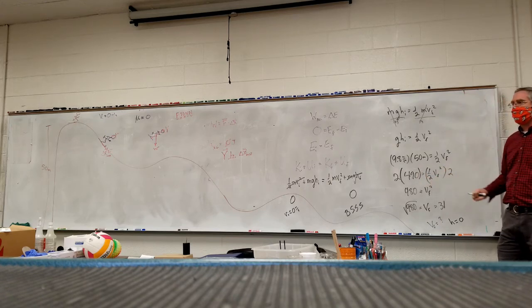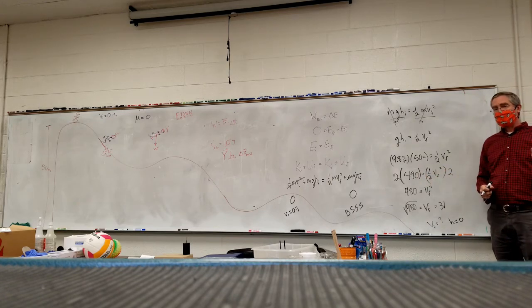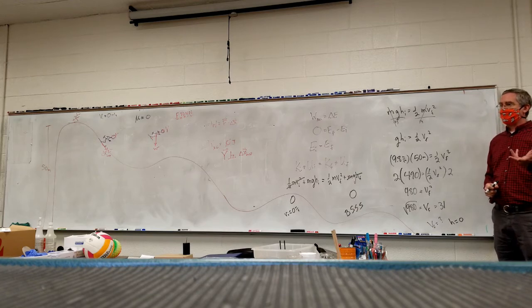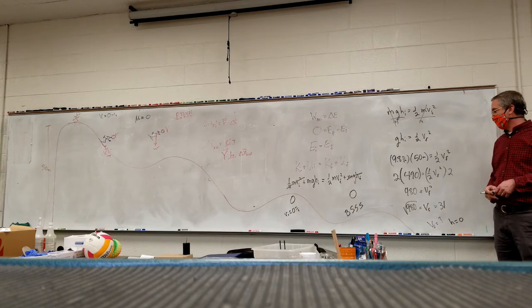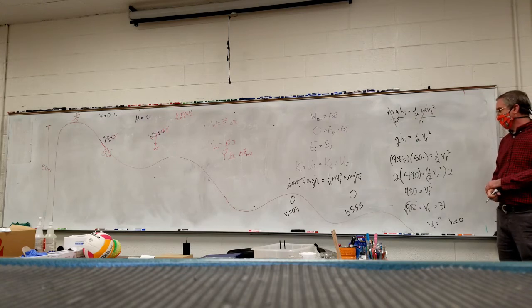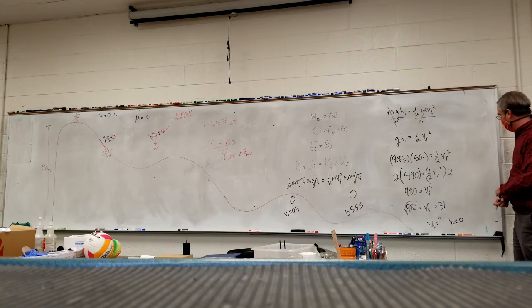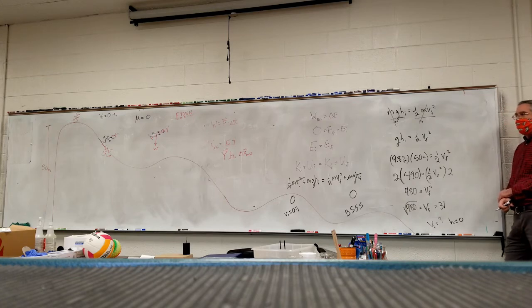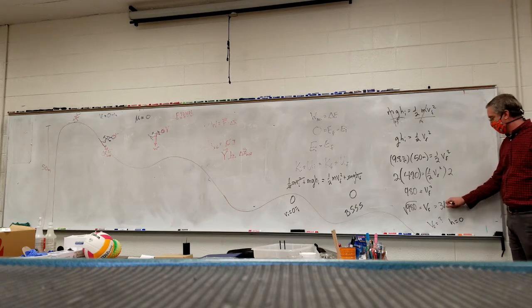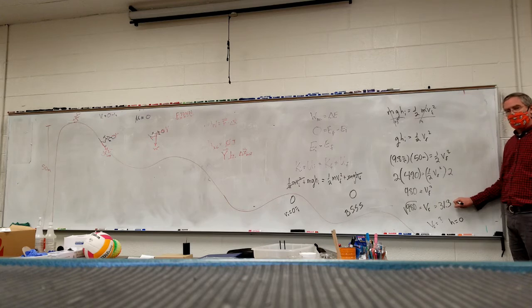You could divide by 1/2, but dividing by a fraction is the same as multiplying by the reciprocal, so dividing by 1/2 is the same as multiplying by 2. Square root of 980, 31.3. Units.